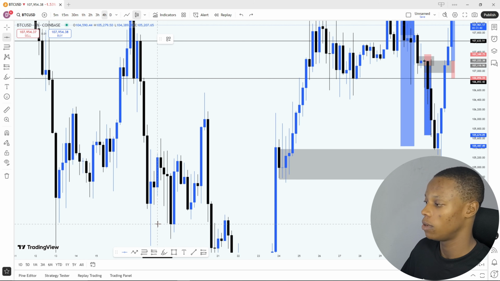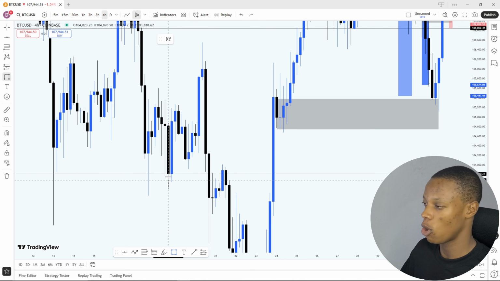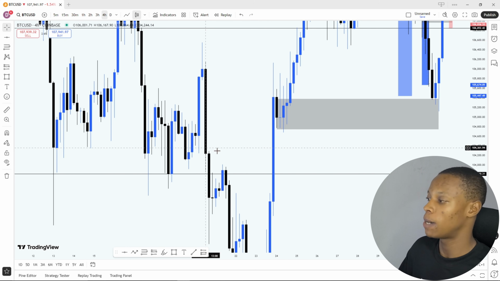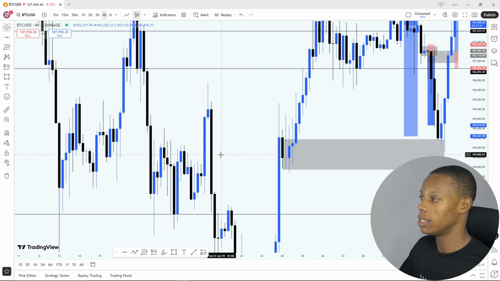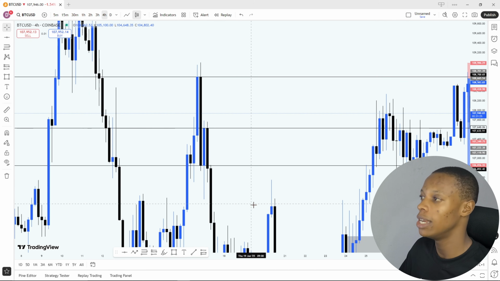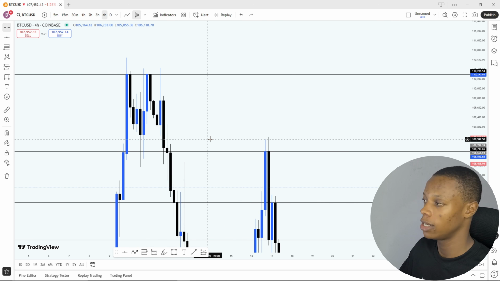This is right here, a support level. Remember I told you it's an order block. Now if the price comes back there, there's a chance it's going to reverse and start buying, or once the price gets there, there's a chance that it's going to just break out, but it's a level I expect the price to get to.